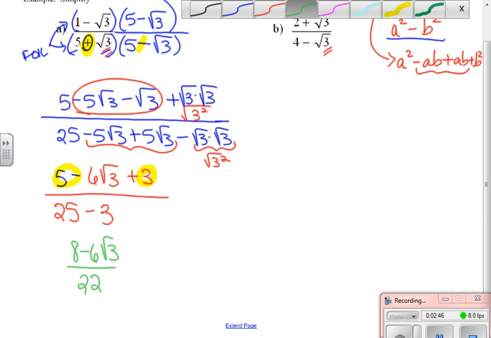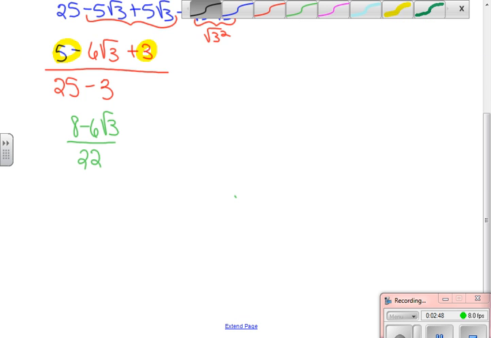Now, I still don't have good math grammar because I can see that 8, 6, and 22 are all even numbers. So I need to factor out a common factor in the numerator. And the common factor there is 2. And that's 4 minus 3 square roots of 3.